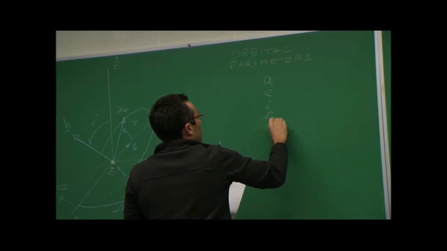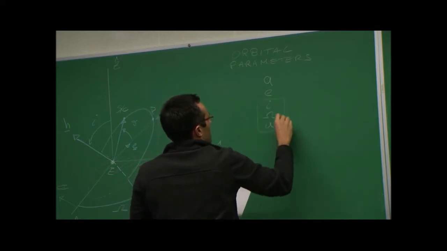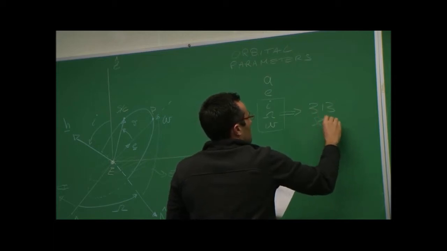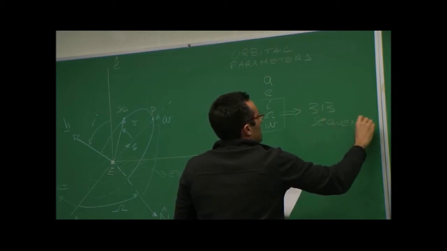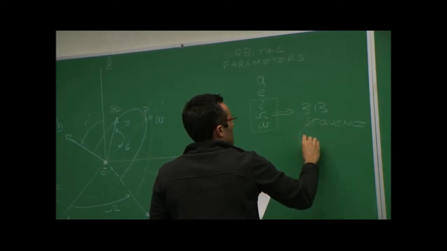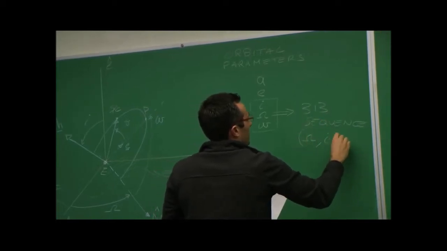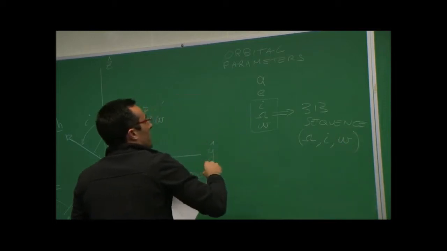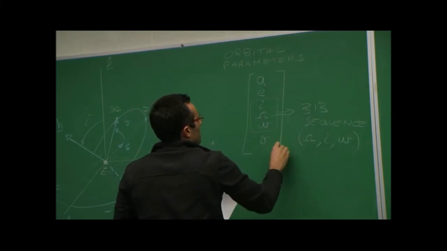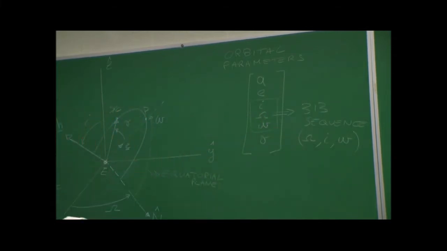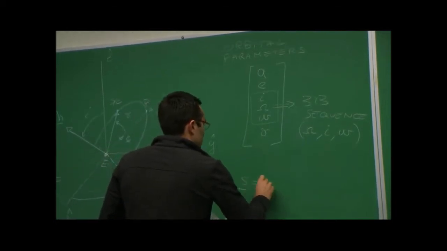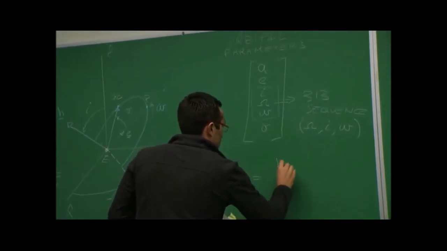These three angles we have defined, which as I said, I will probably refresh, make a 3-1-3 sequence, where the sequence of rotation will be, as we briefly mentioned, big omega first, then i, then little omega, and finally the true anomaly. So these 6 quantities will be your orbital parameters vector, if you want to call it that way, that are an alternative to the state vector, which we have called position and velocity.